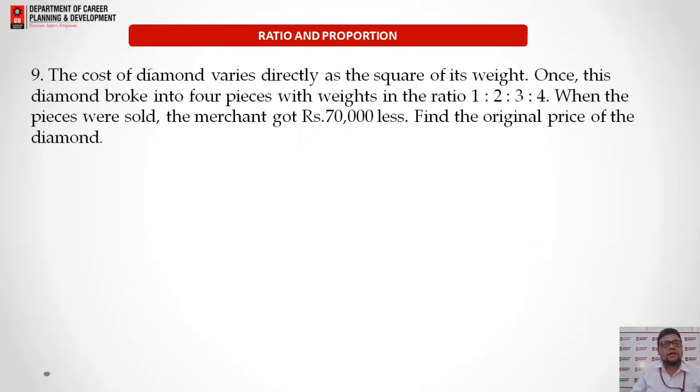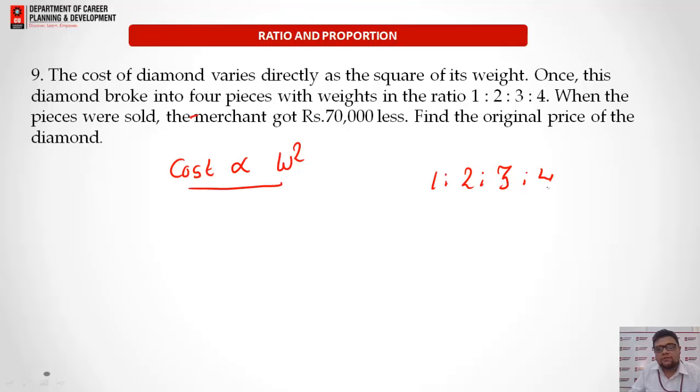Question is, the cost of diamond varies directly as the square of its weight. Now this diamond is broken into 4 pieces. The weights of these 4 pieces are in this ratio.